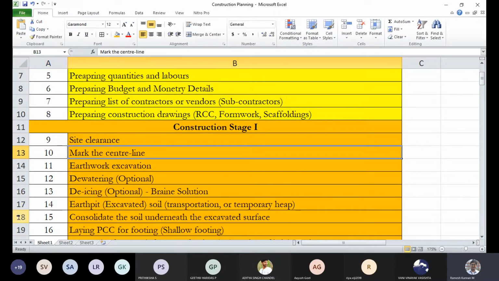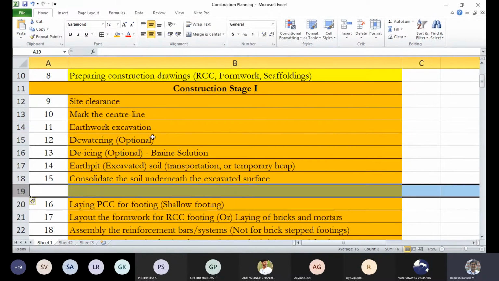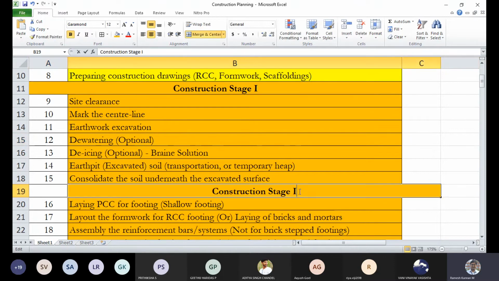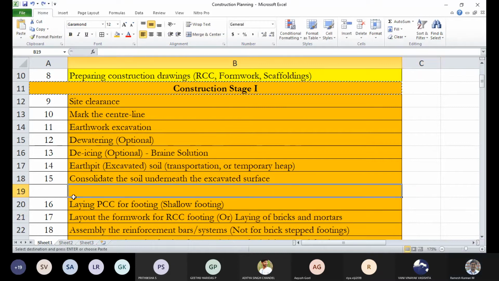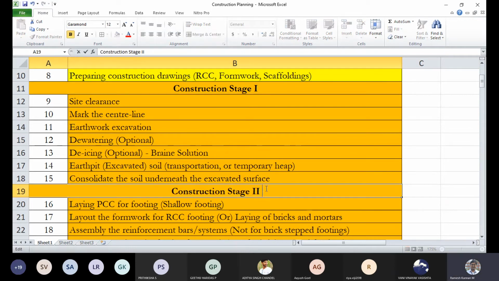Then we can insert this, and you can call construction stage 2. Merge them. And very important here, you just note down this is a substructure.